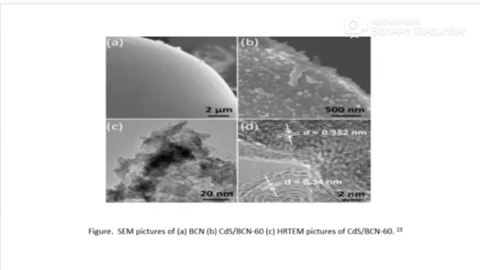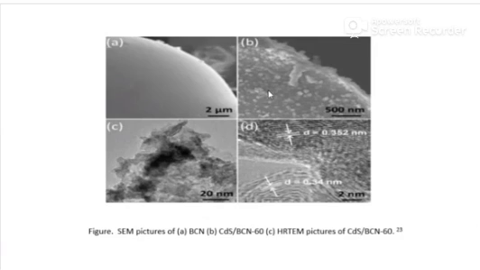Figure 2A elaborates the SEM images of the bare BCN, and in figure B, the SEM image of our photo-deposited cadmium sulfide on BCN. It shows clear images of the small cadmium sulfide nanoparticles, which are photo-deposited on the bare BCN.